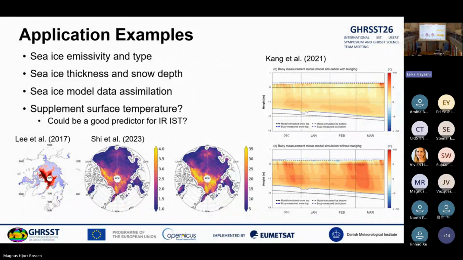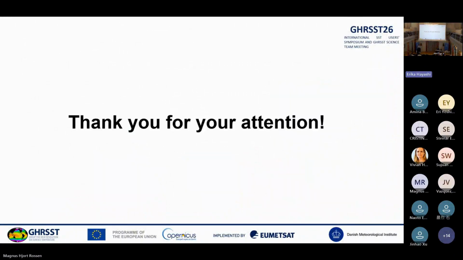And one last thing is that maybe we can use microwave IST to supplement the infrared IST, because you already saw that there are clouds everywhere, so there are many gaps. So we think that passive microwave IST could be a good predictor for filling those gaps. Thank you for your attention, and any questions as well.